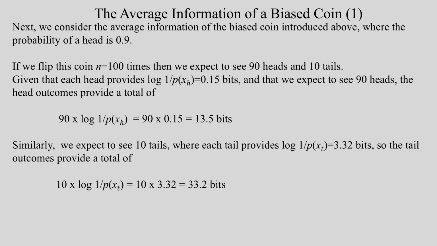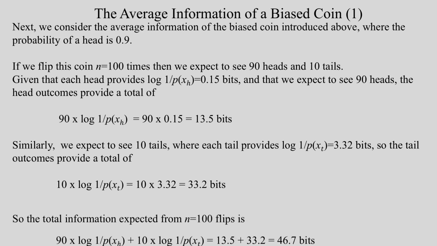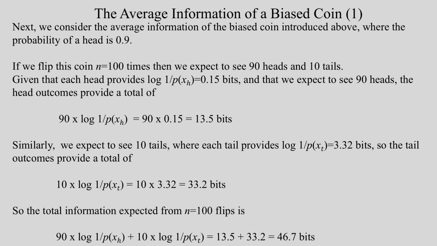Similarly, we expect to see 10 tails, where each tail provides 3.32 bits, so the tail outcomes provide a total of 10 times 3.32, which comes to 33.2 bits.